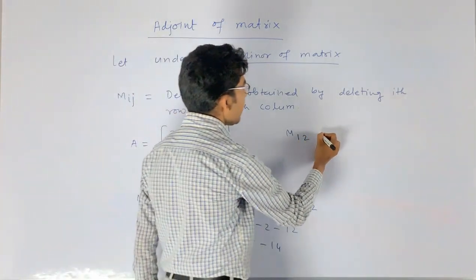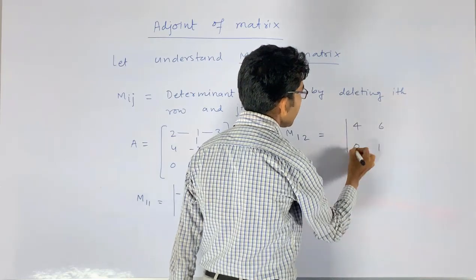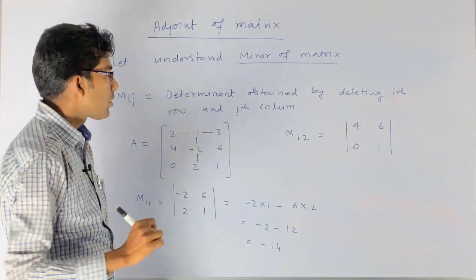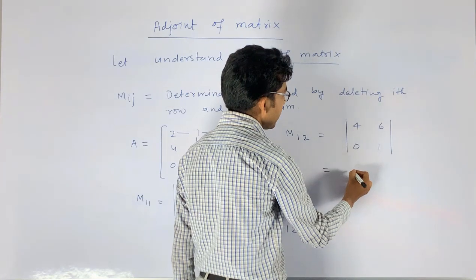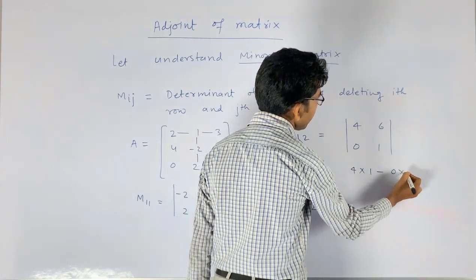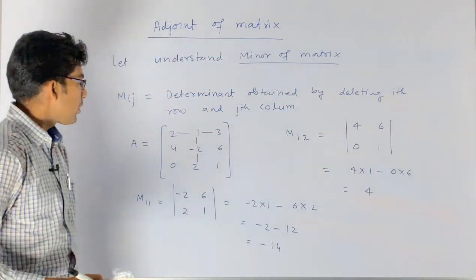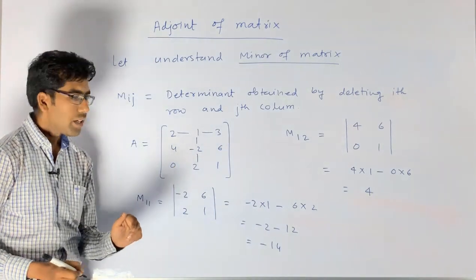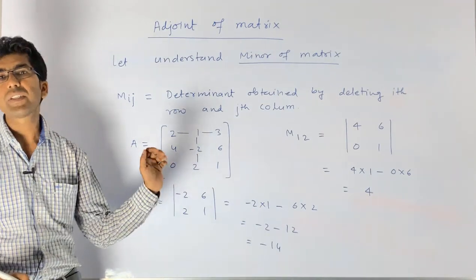So we write 4 0 6 1. This determinant is called the minor of the element. Okay, students? So we can calculate this: 4 into 1 minus 0 into 6, that is equal to 4. So in this way we will be able to calculate the minor of each of the elements of this matrix.